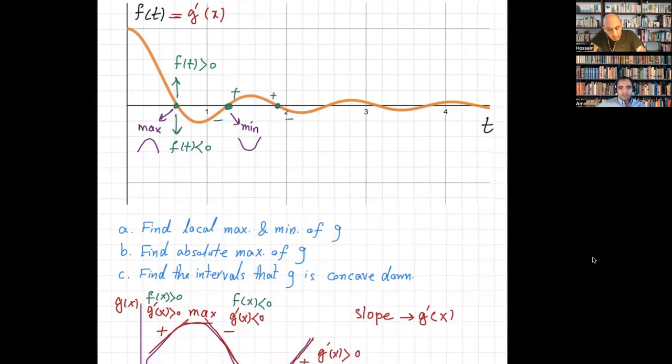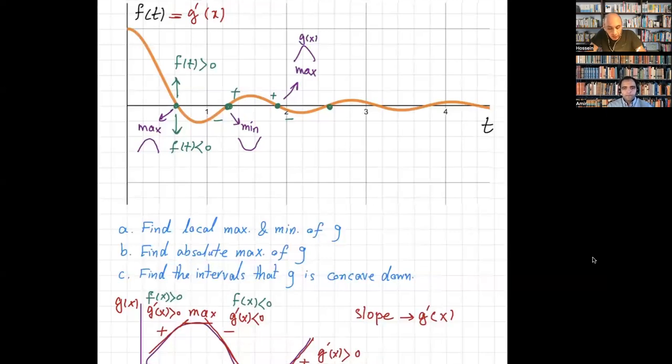As a result, I have a maximum here. The small curve that you are showing belongs to g of x.